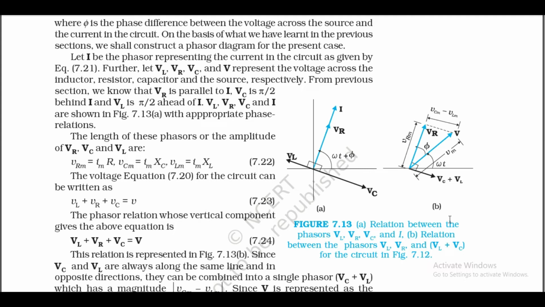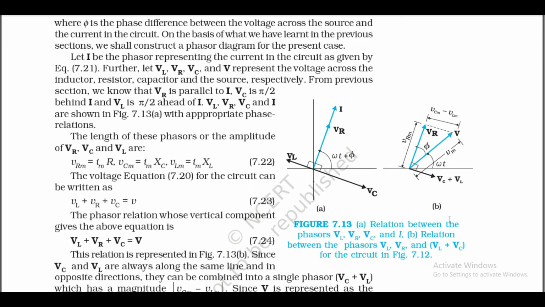From previous session, we know that VR is parallel to I, VC is pi/2 behind I and VL is pi/2 ahead of I. VL, VR, VC and I are shown in figure 7.13a with appropriate phase relations.